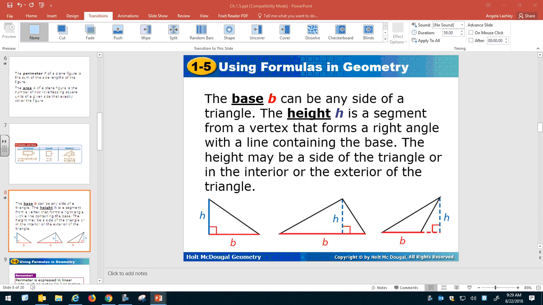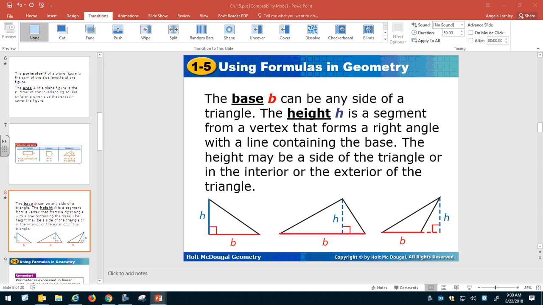If I do, the height has to go from the opposite vertex and it has to form a right angle or be perpendicular to the base. So this could be the base, and this could be the height. Think about it. If you turned it, it would look the same. Or this side could be the base, and then I would go from this vertex perpendicular and draw in the height. Does that make sense?